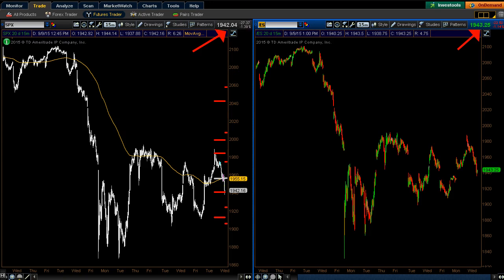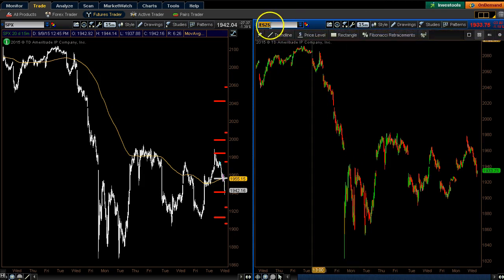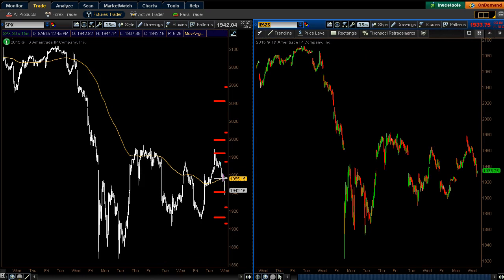That's because of what you call cost to carry. If I change this contract to the December contract, /ESZ5, you'll actually see a big difference. Now it's 1933 by 1942, so right now there's about an 8-point cost to carry difference.